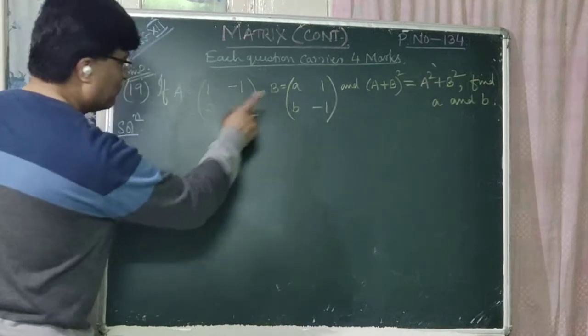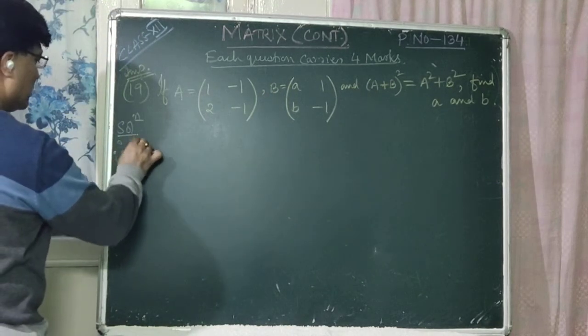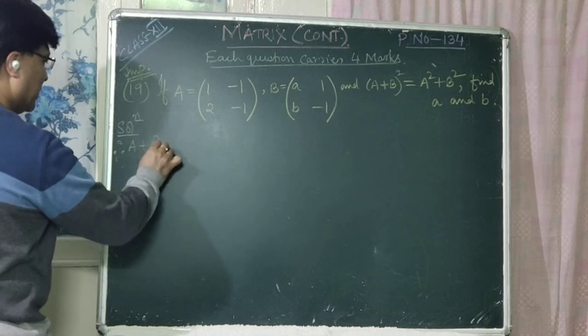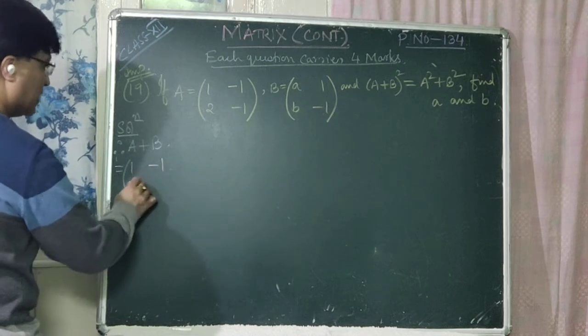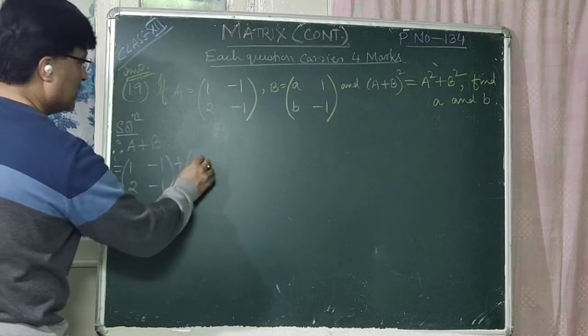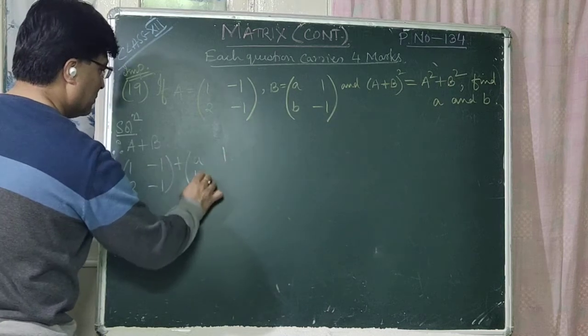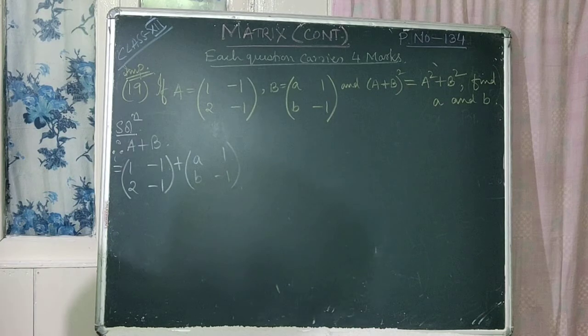So let us find out first A plus B, right? Therefore A plus B is equal to, what is A here? 1 minus 1, 2 minus 1, plus what is B? a 1, b minus 1. So we can add those two matrices because they are of the same order, right?